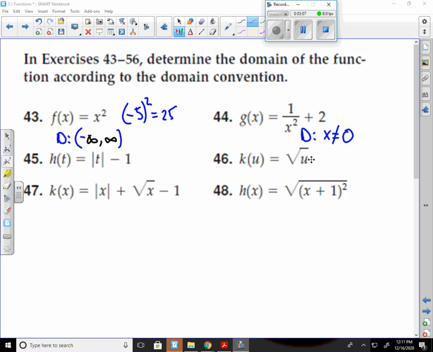The smallest number I can take the square root of is 0. So you could either put the domain is from 0 to infinity. I'm not even going to make you stick to this interval notation. If you just said the domain was x greater than or equal to 0, I'm fine with that as well, as long as we're saying x cannot be negative.